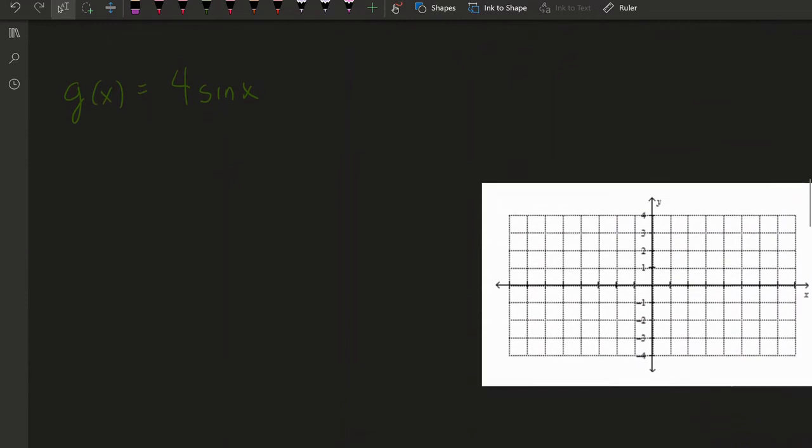Okay, so let's start off with a very straightforward one. The first thing I see here is that this is a sine function. The important thing about sine is that I'm going to start at the midline and then I will be moving up.